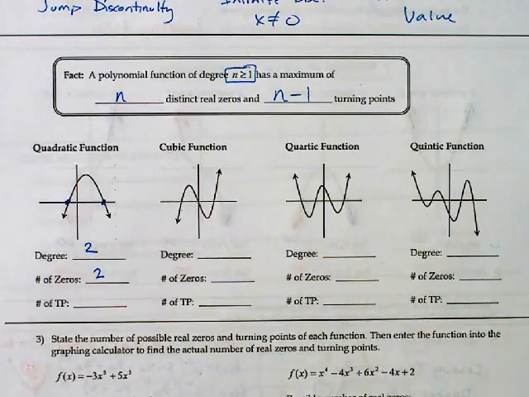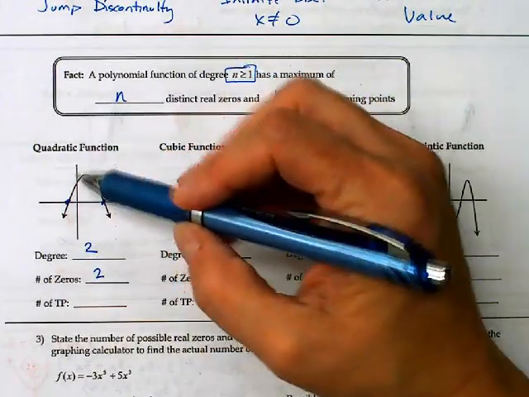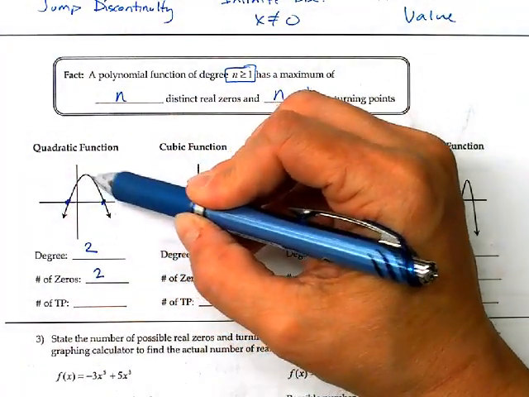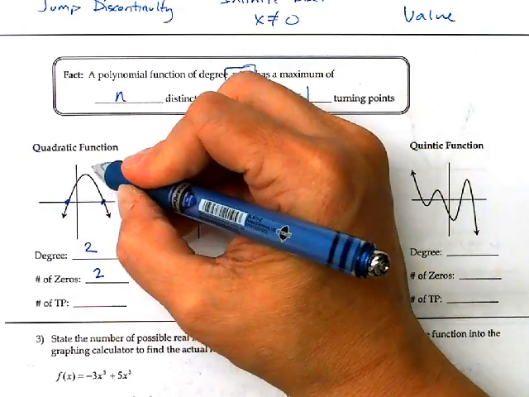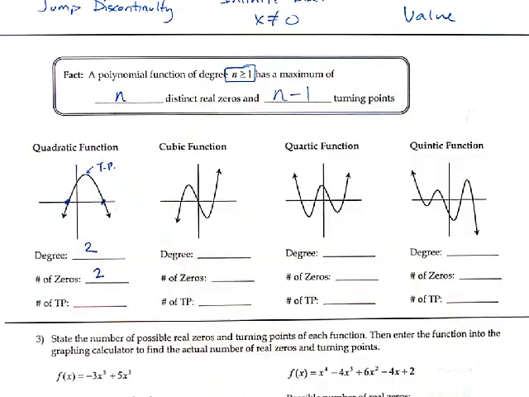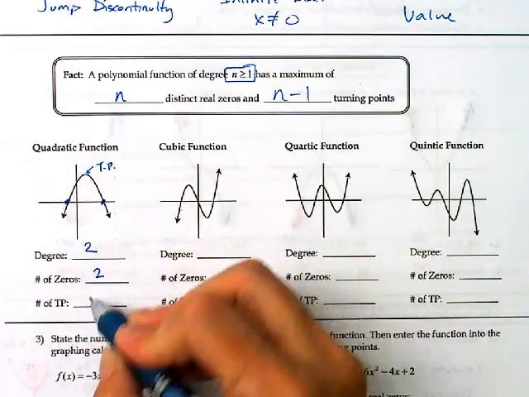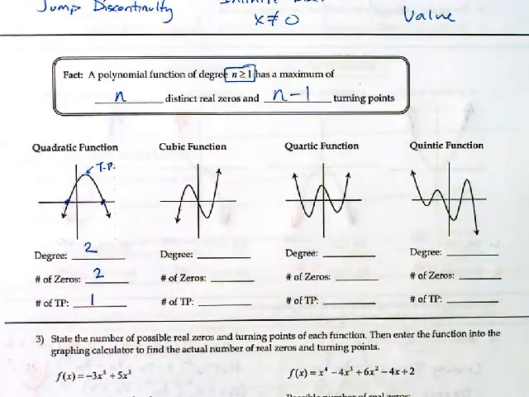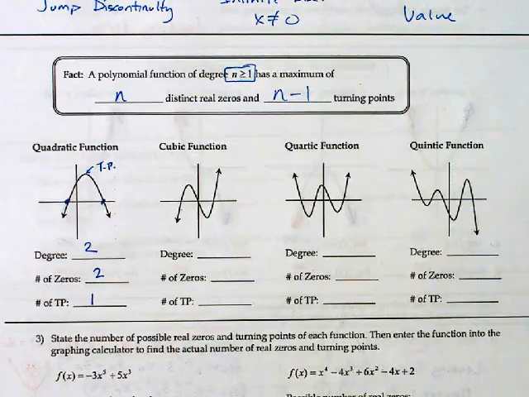And the number of turning points, where we switch from increasing to decreasing or vice versa, that would be a turning point, TP, would be 1 less than the degree, so that would be a 1. For the following 3 functions, could you please try to identify the degree, the maximum number of real zeros shown, and the number of turning points? I'll catch up to you.